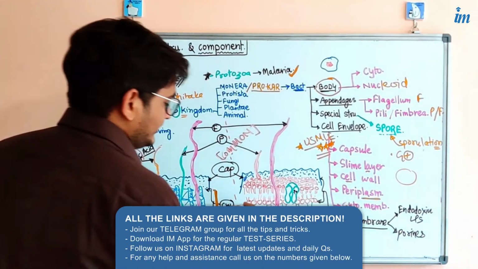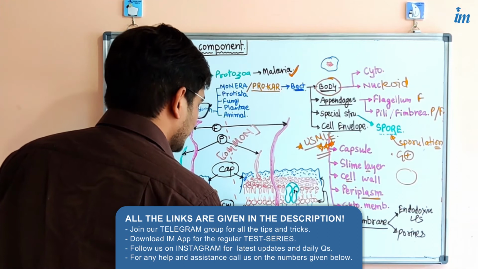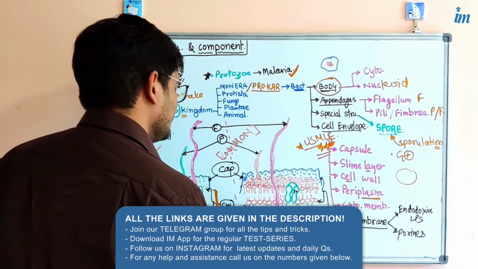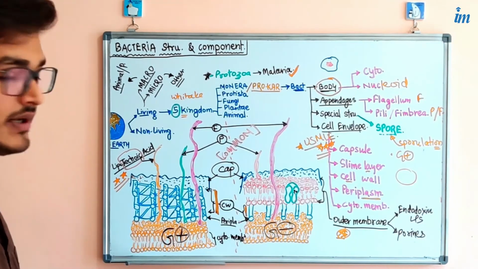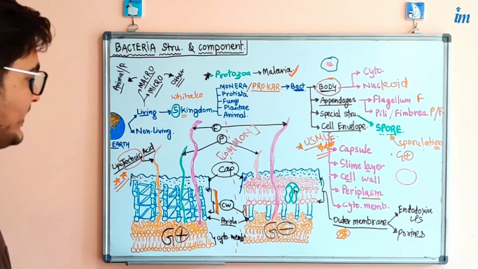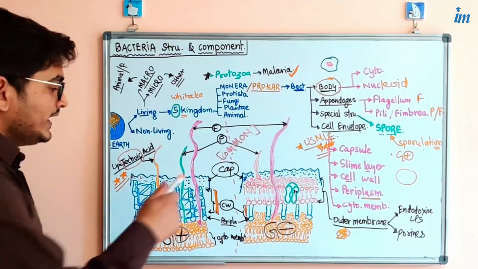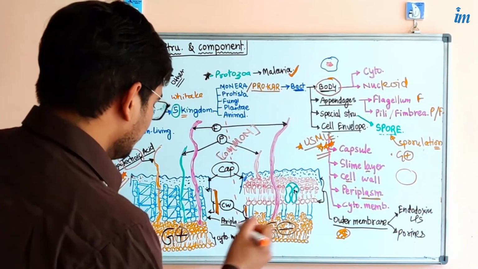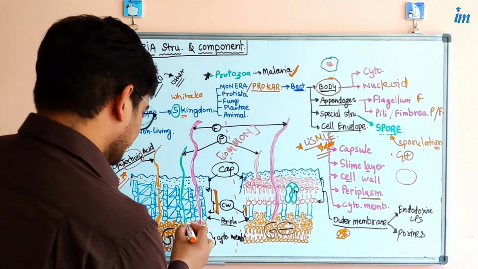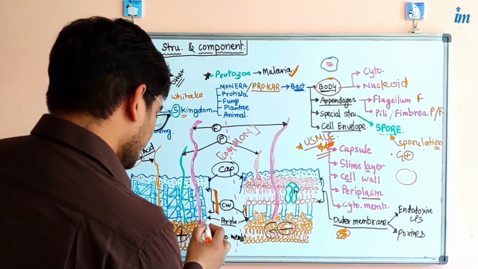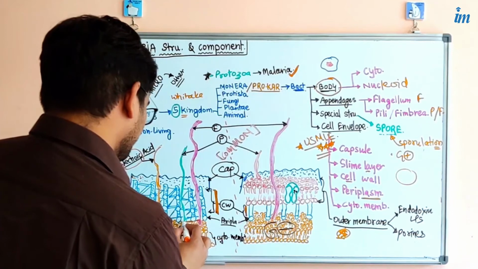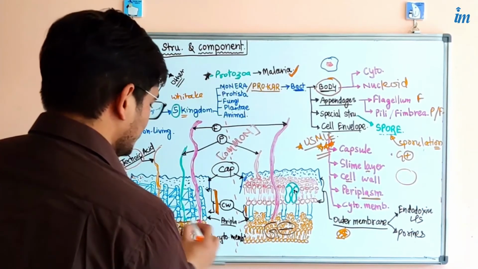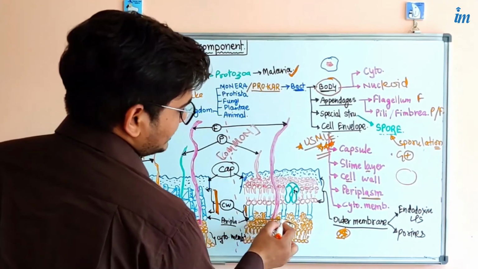Remember the first video where I told you about the 6 minute, 6 step gram stain process, and I gave you the final trick to solve all questions. And then the periplasmic layer: you can see the outer membrane, and this one is the periplasmic layer.